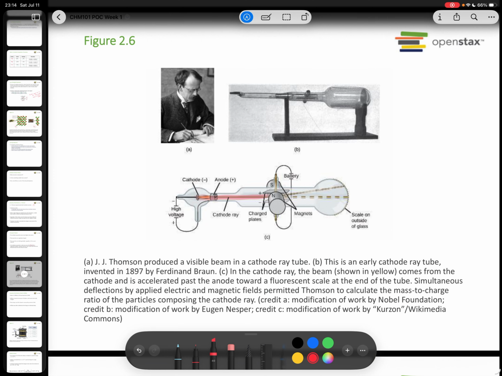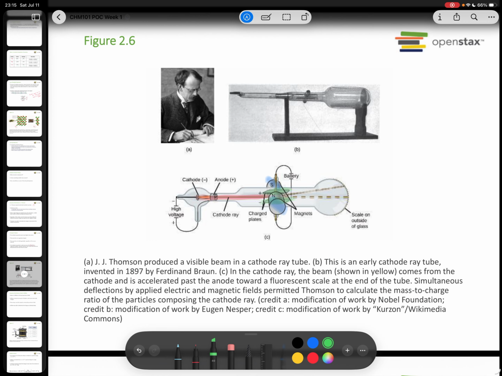Okay? So by applying electric and magnetic fields, so saan galing yun? So ito yun. May magnets dito. May magnet ka dito, north and south pole, tapos may electric field ka din. Yun yung plates na nakikita niya dito, yung green na yan. So may electric field, tsaka may magnetic field.